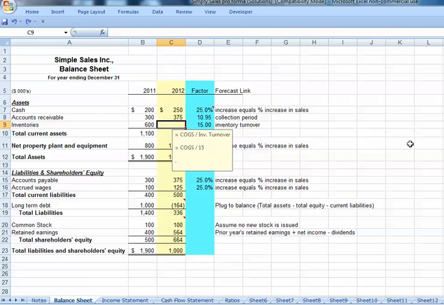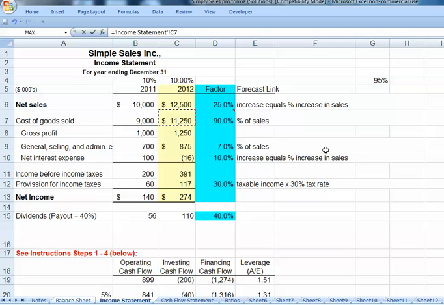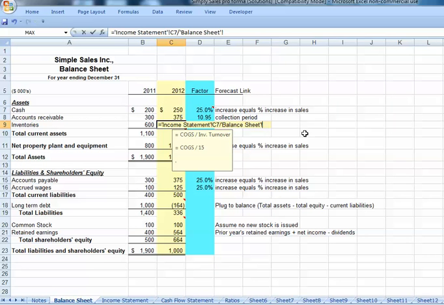Inventory turnover. Our inventory turnover ratio, recall, is cost of goods sold divided by inventory. So we can calculate our inventory by simply taking our cost of goods sold. Annual cost of goods sold is 1,250, and let's divide that by the cell, which is cell D9 on our balance sheet.